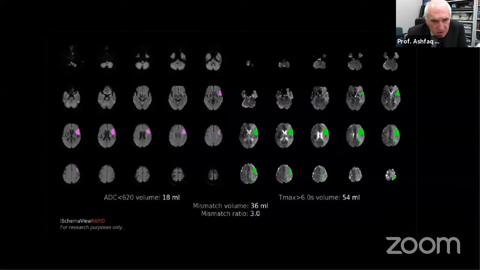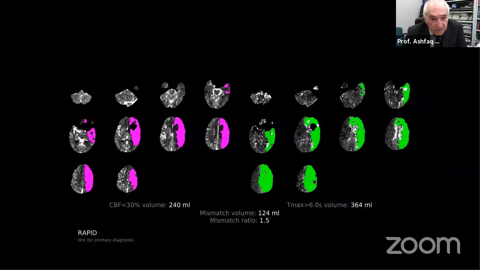You have a small core, but small penumbra also. We would err on the side of giving them TPA, but most of them have a distal M1 or an M2 occlusion. For this patient, very large core, although there's a large penumbra, these patients, we would not give TPA when they come up in the morning.